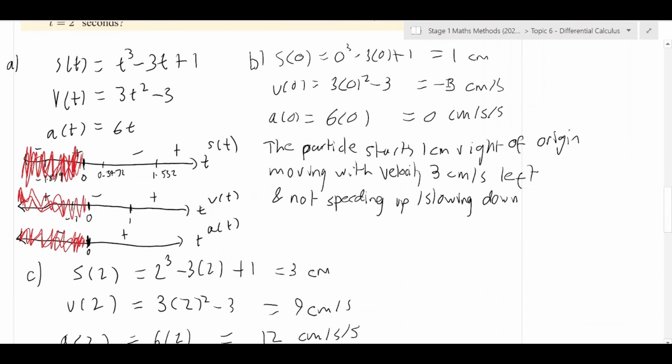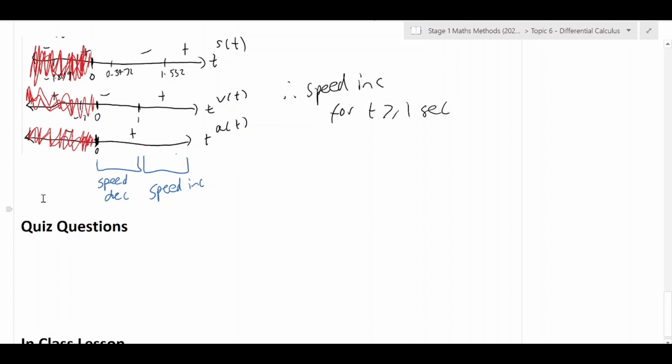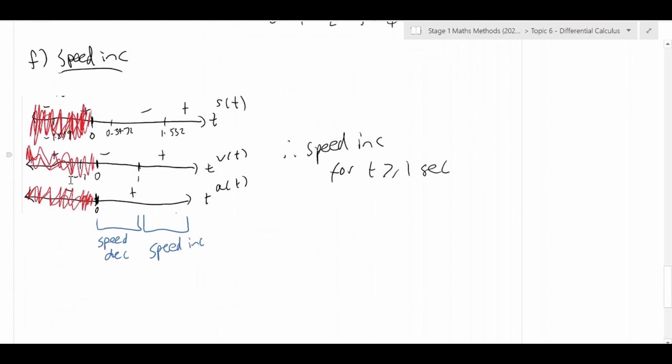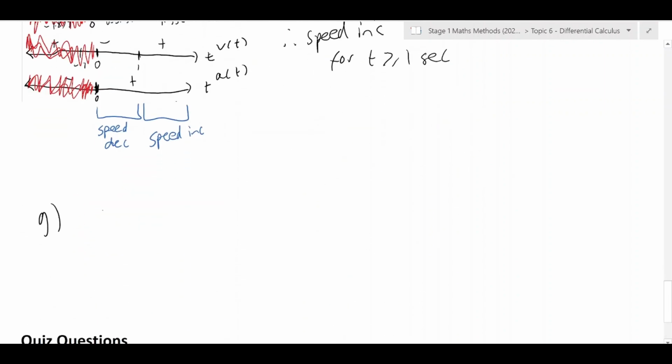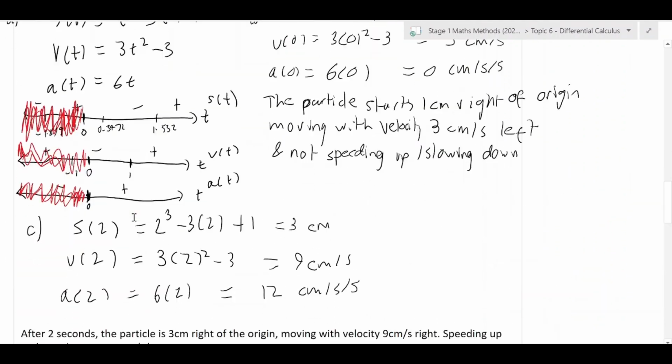You can see that it sort of went from 1 centimeter up to 3 centimeters, but it's a little bit tricky. So G, total distance traveled from t equals 0 to t equals 2.